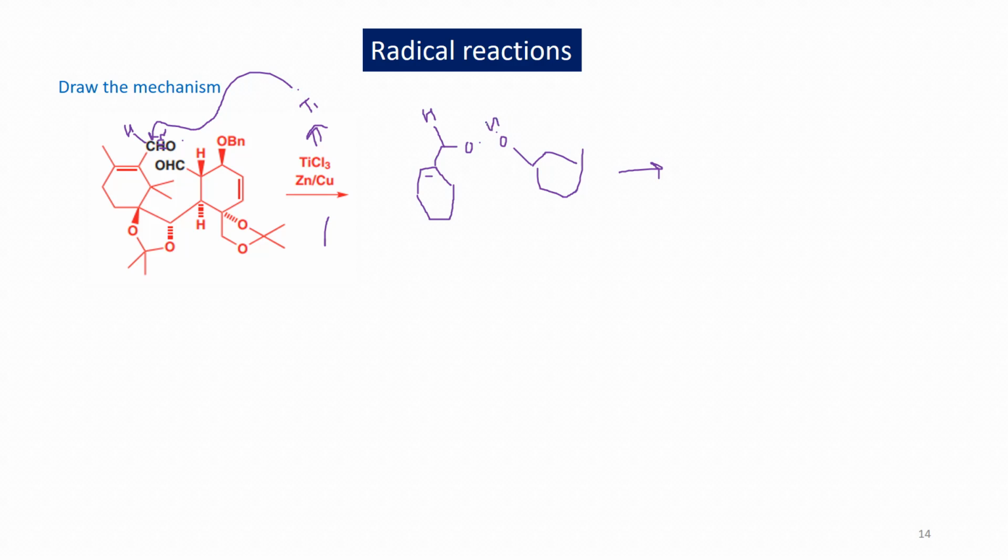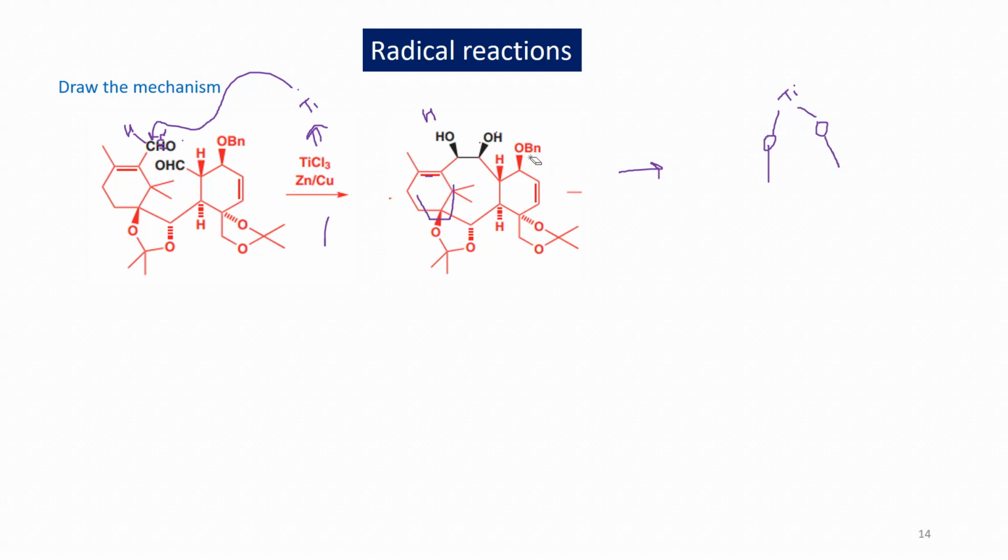So there are two radicals, and they undergo a coupling reaction and form this type of product. We get this one as our product.